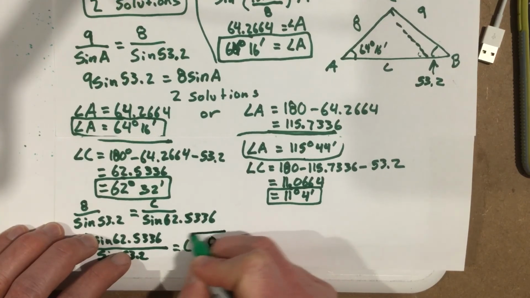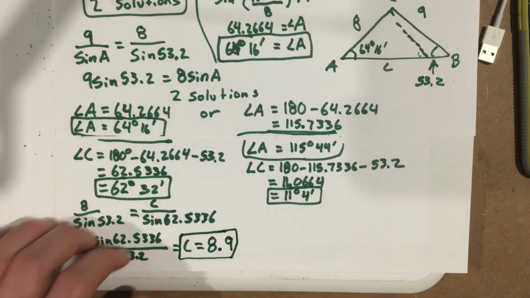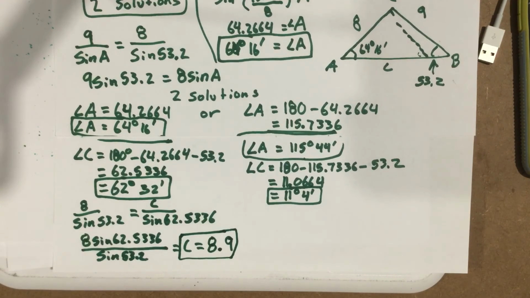That's 8.9. So there are my 3 pieces of information I needed to find for one possible triangle.